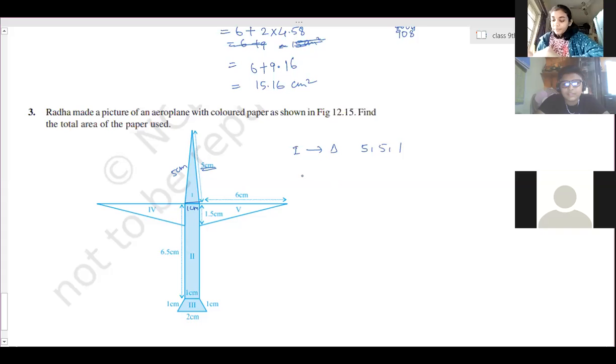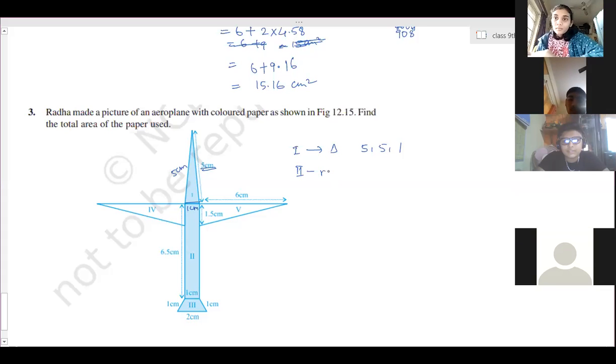It is a triangle. Figure 2 is a rectangle with length equal to 6.5 and breadth equal to 1. Then the third figure is a trapezium with parallel sides a equal to 2 and b equal to 1 centimeter, and then h we have to calculate, then find that area. The fourth and fifth are similar, both right triangles.